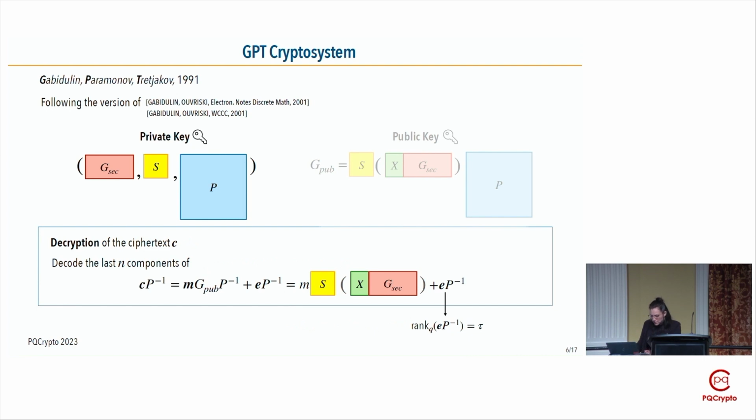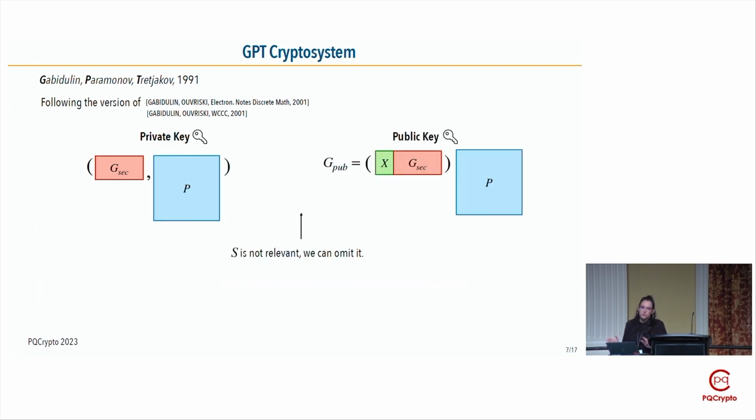To decrypt, we multiply the ciphertext by the inverse of the column scrambler P. Thanks to the fact that P has coefficients in F_q, the rank of E times P^{-1} is equal to the rank of E, which is equal to tau. And so it suffices to look at the last n components of this vector to get access to the Gabidulin secret code. So it suffices to decode the last n components to get M times S. And then we multiply by S^{-1}, and we get the plaintext M.